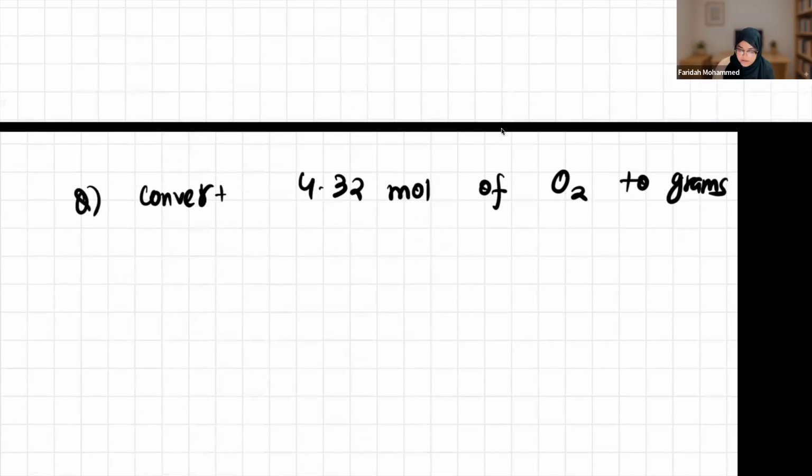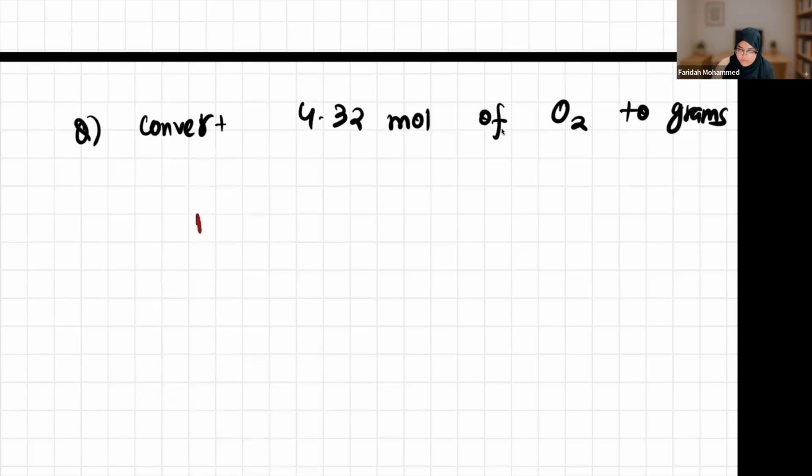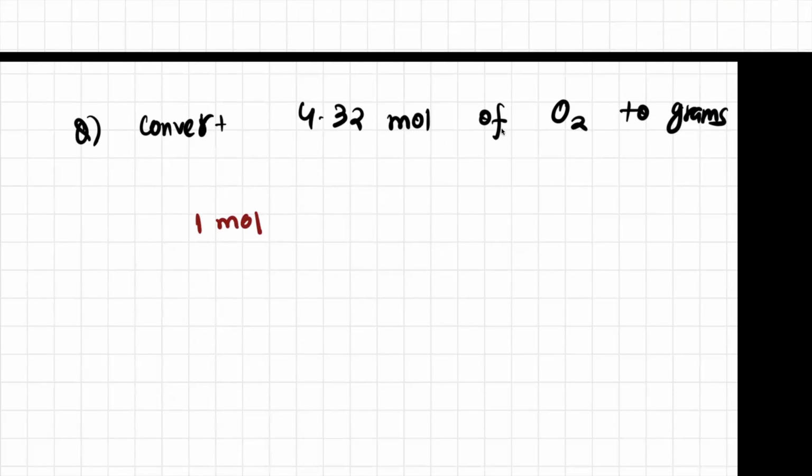Very good. Okay. We're gonna do 1 mole of what though? Not just the unit and the number, you also need to write down the identity. 1 mole of what? Oxygen. O2, yes. Equals to, keep going. 31.998.